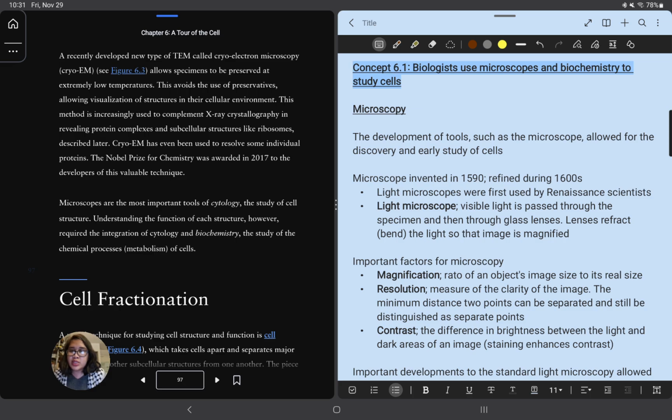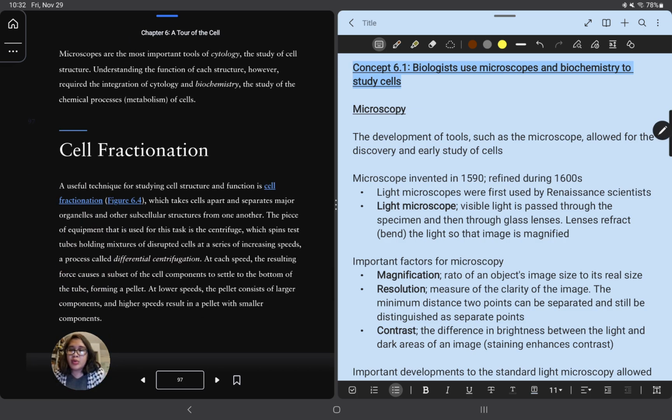This method is increasingly used to complement X-ray crystallography in revealing protein complexes and subcellular structures like ribosomes, described later. Cryoelectron microscopy has even been used to resolve some individual proteins. The Nobel Prize for Chemistry was awarded in 2017 to developers of this valuable technique.